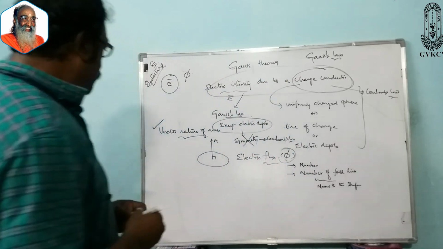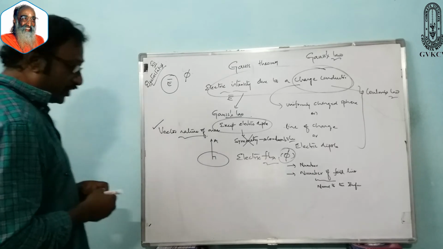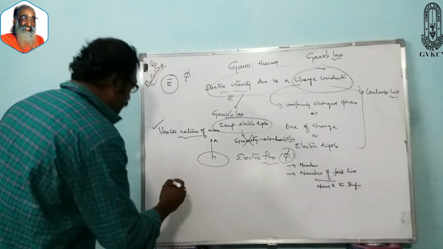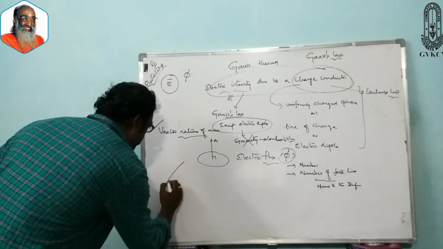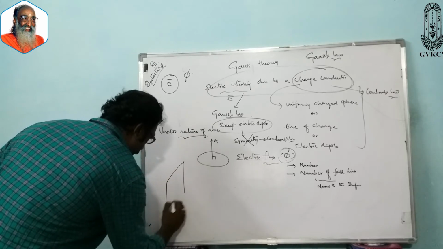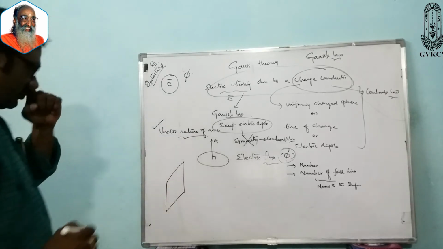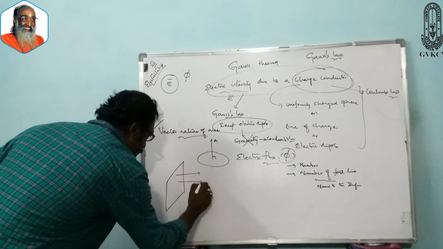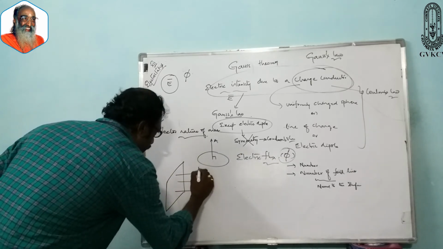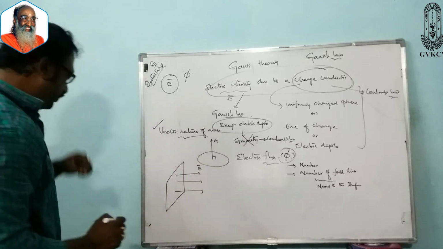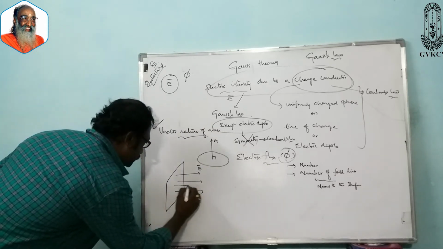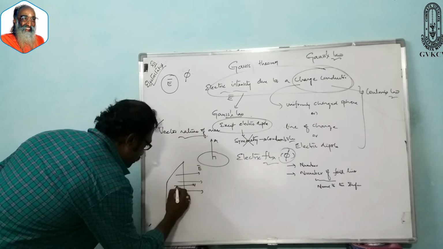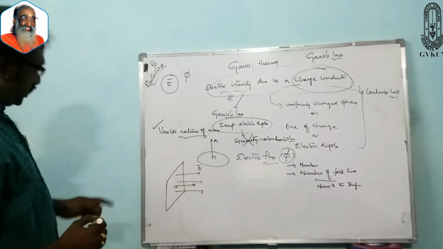Okay, now let us know how to find this electric flux. Suppose a surface is there, and this is the electric field E, and a normal is drawn to the surface.